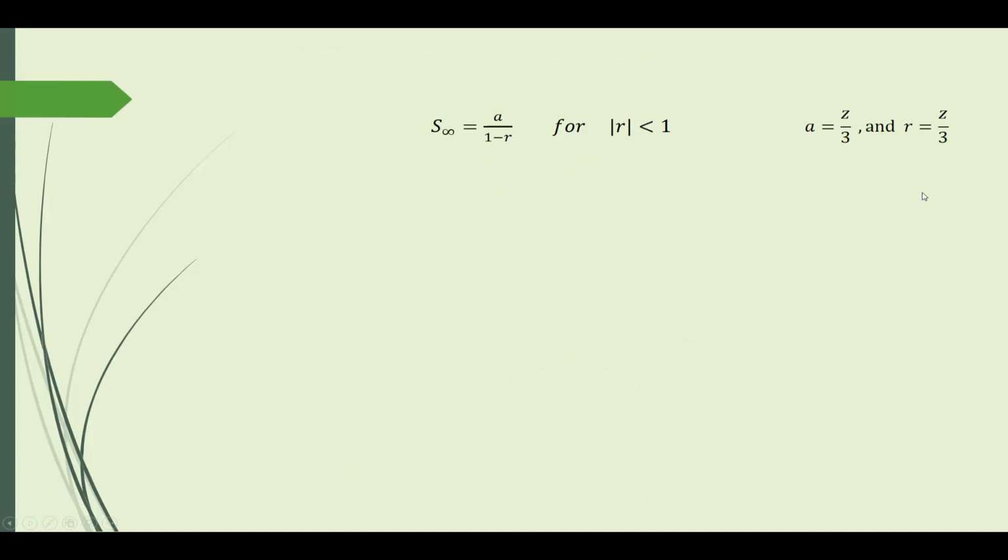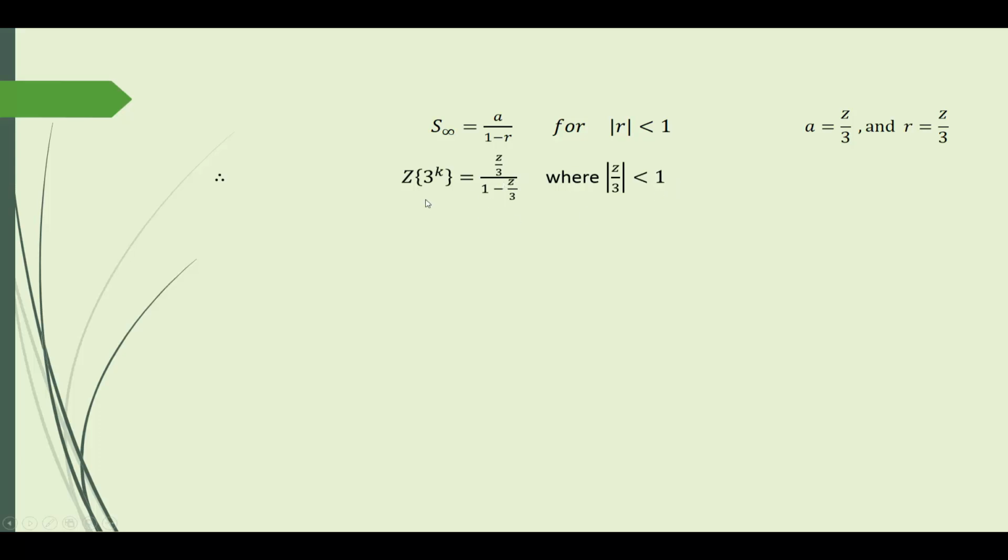Put the values of a and r, so the Z transform of 3 raised to k is equal to, the value of a is z upon 3, upon 1 minus r, which is also z upon 3, where mod r means mod z upon 3 less than 1.